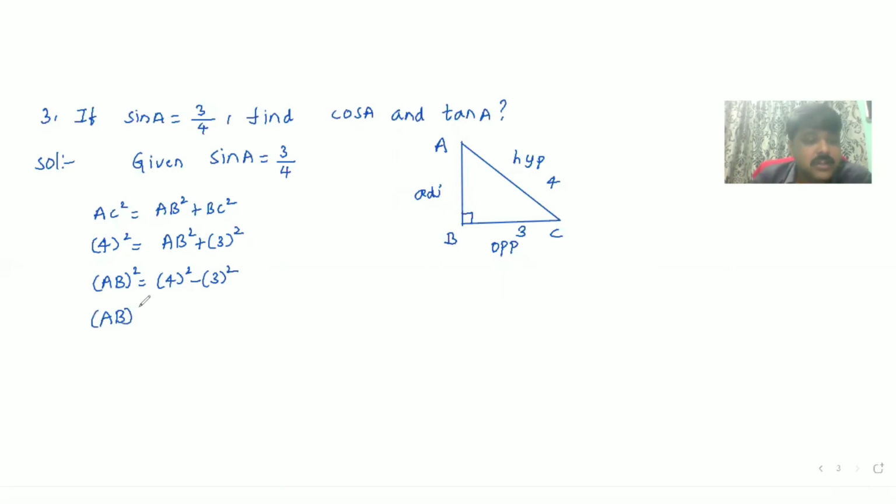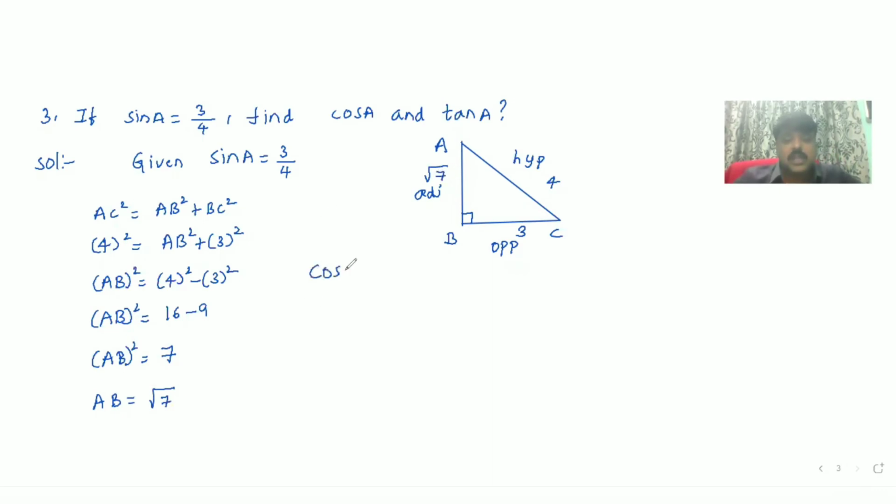AB square equals 16 minus 9, it is 7. Hence the value of AB is root 7.